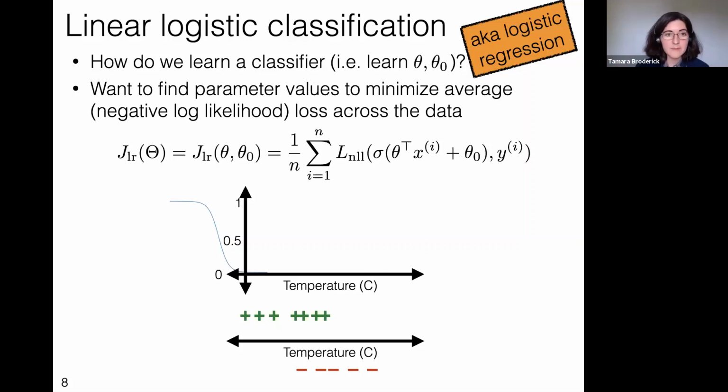Then we're going to look at them and say, hey, for this particular curve, it's saying that there's a really low probability for these times I wear my coat. So it's not really good, so we should move it to make those a higher probability. Hey, we can make them an even higher probability, and we just keep doing this until we get to a point where the minuses, the times I'm not wearing my coat, have a low probability of wearing my coat. The times where I am wearing my coat have a high probability of wearing my coat. And the times where we're not sure are somewhere in between.